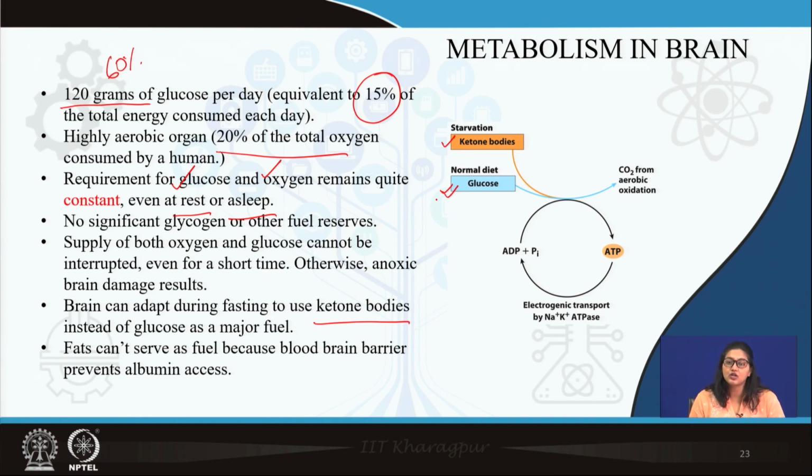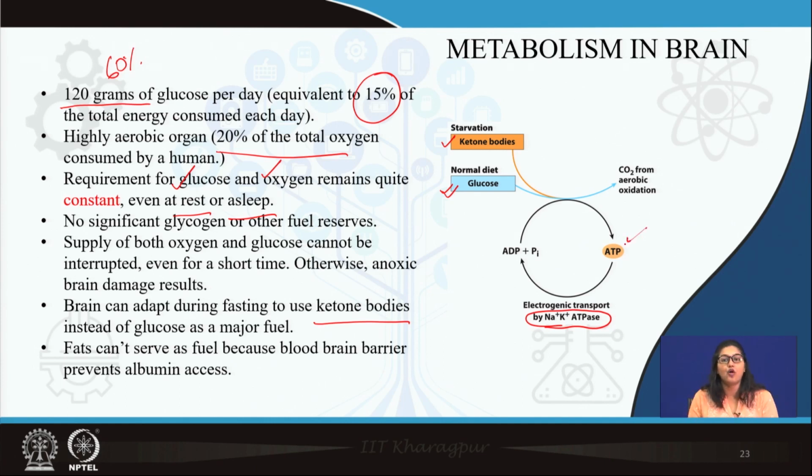And why is this required? Remember, the nervous system is the connection to all the functions in our body, and that is done via the transmission of the electrical impulses which are generated in brain. And for that, one very important transporter is there, that is sodium potassium ATPase, and this transporter is based on the constant availability of ATP.